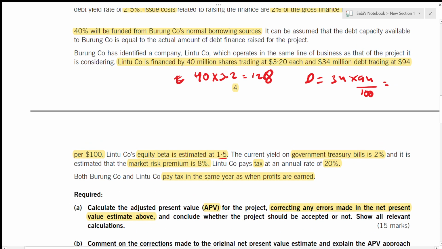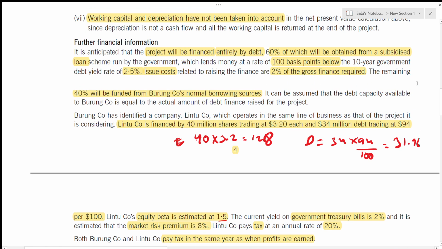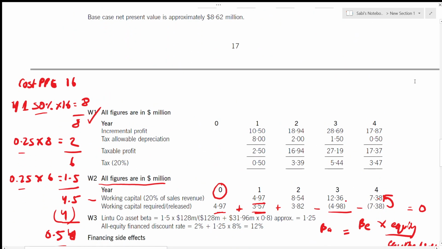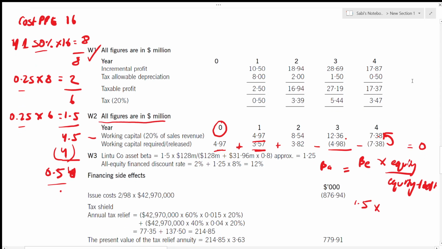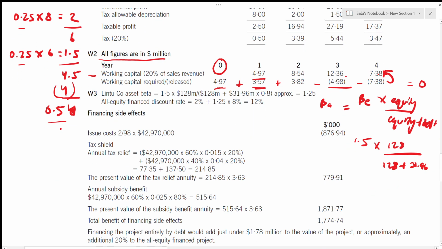So equity is 128 divided by 128 plus your debt 31.96, but this debt has to be after tax, and tax is 20%. That means after tax, multiply by 1 minus 0.2, that means 0.8. That's what they have shown here.